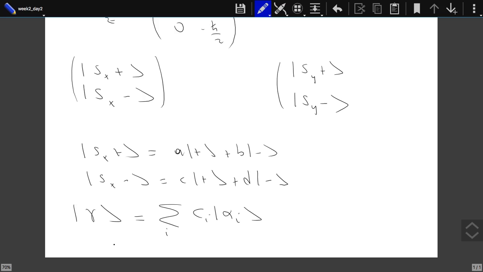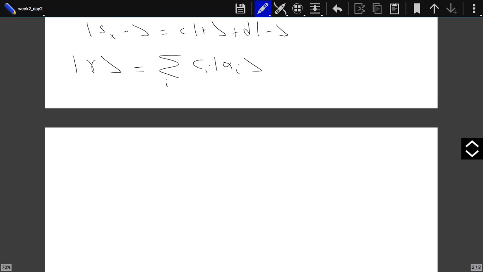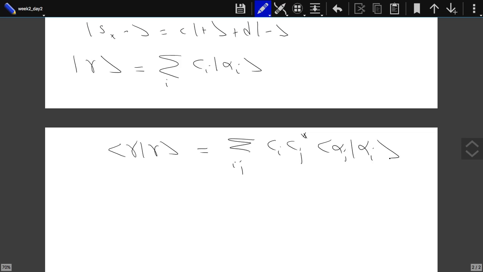So <gamma|gamma>, which is equal to the sum over i and j of Ci Cj star <alpha j|alpha i>. No, that is <gamma|gamma>. I'm looking at <gamma|gamma>. That should be 1.